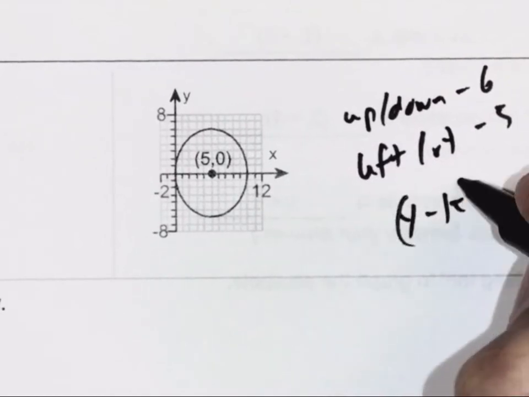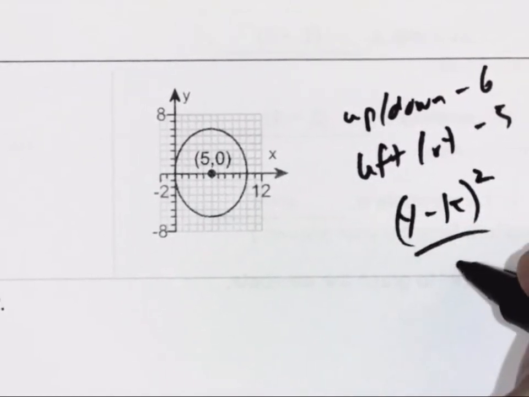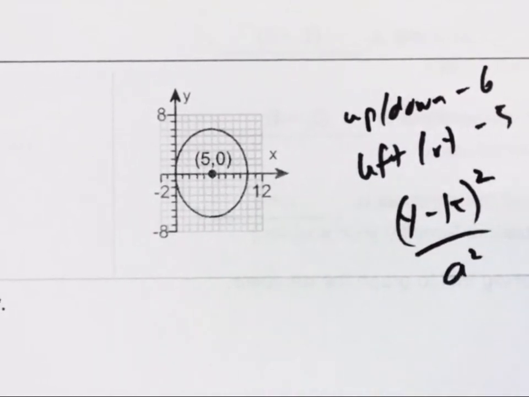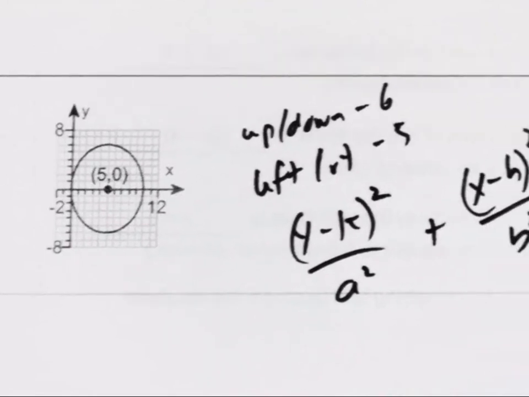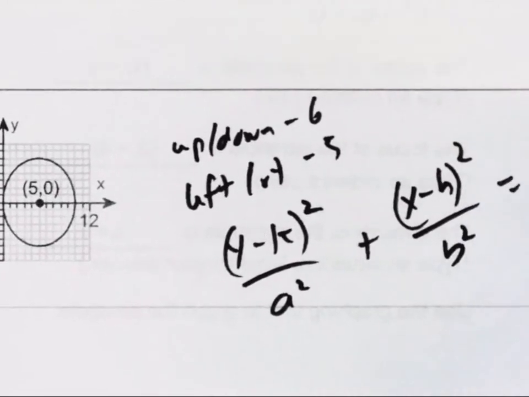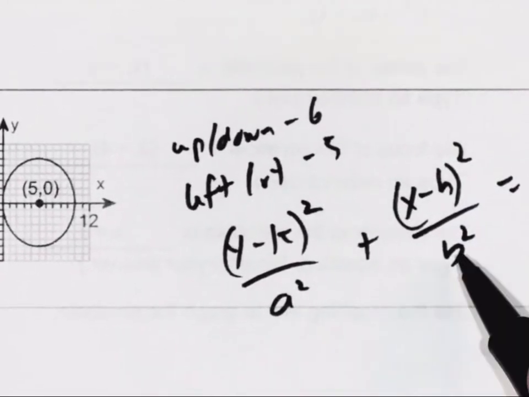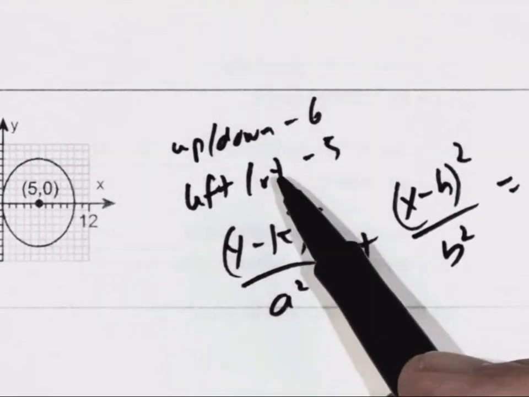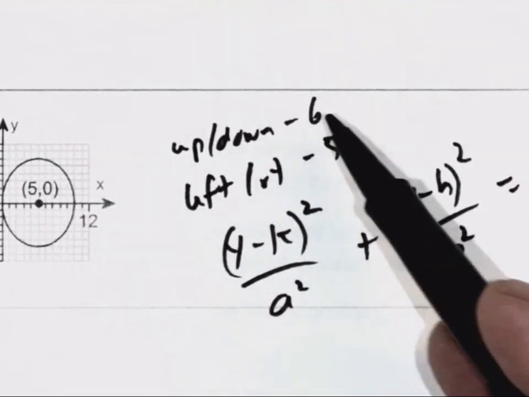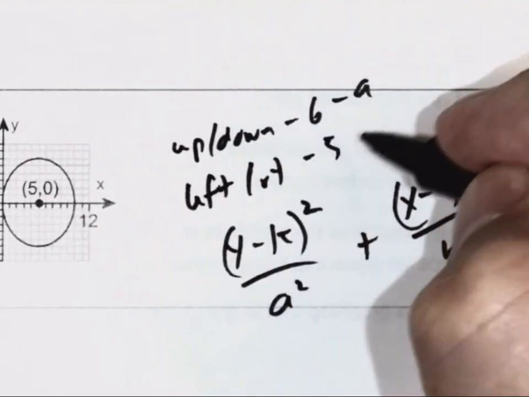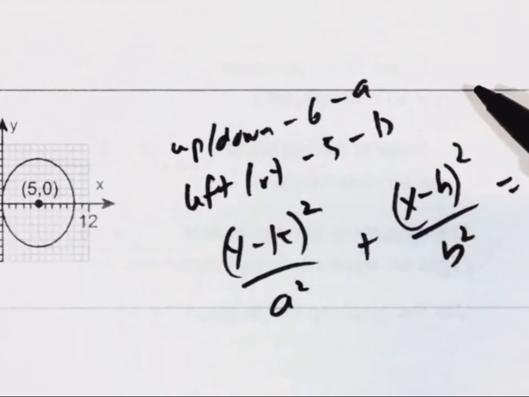y minus k squared over a squared plus x minus h squared over b squared. Remember, a is always bigger than b. Since the up and down is bigger, this is a and this is b.